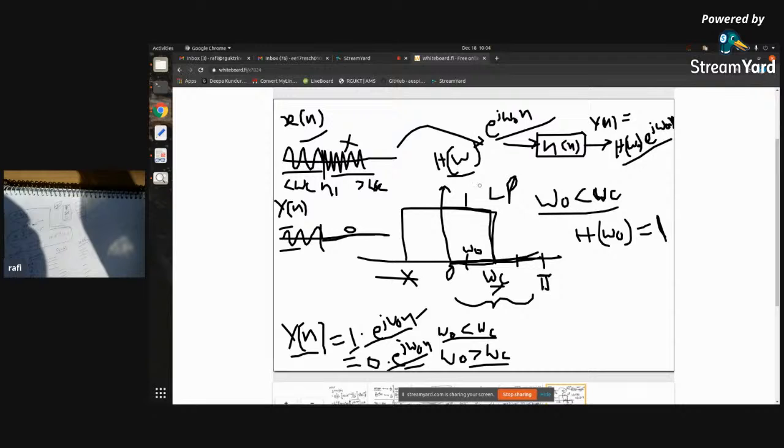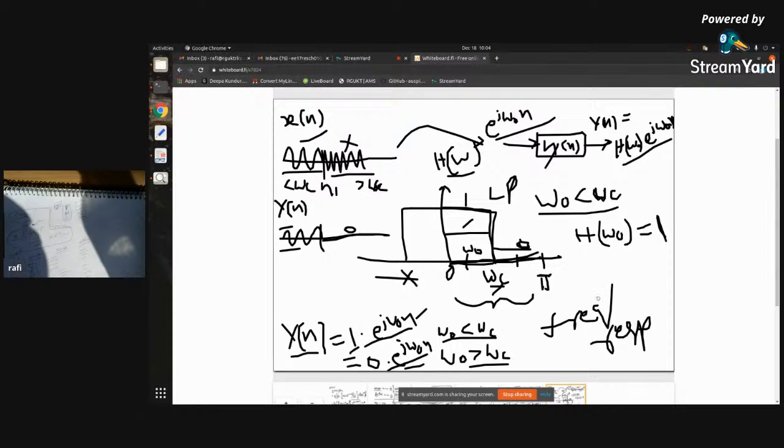So this is the intuition of the frequency response of the system. For what frequencies, what is the response of the system? For all the frequencies less than omega c, the response of the system is 1. For the frequencies greater than omega c, the response is 0. That means it won't respond to the frequencies higher than omega c.